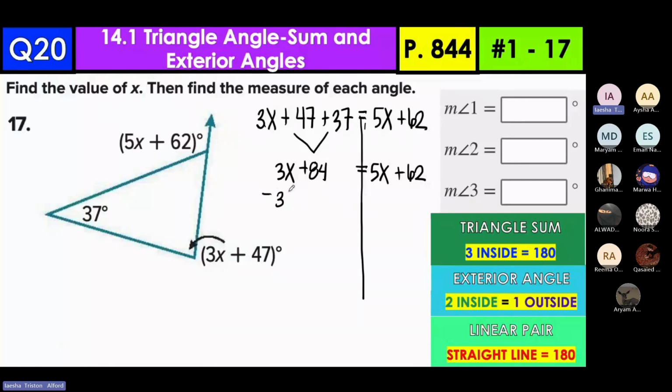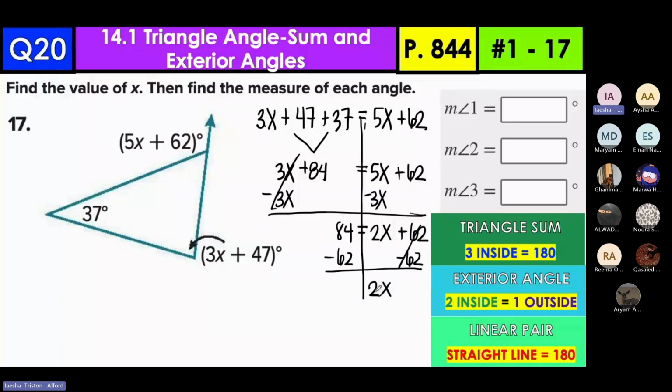Subtract 3x both sides. 84 is equal to 2x plus 62. Subtract 62 both sides. 2x is equal to 22. Divide 2, divide 2. x is equal to 11.